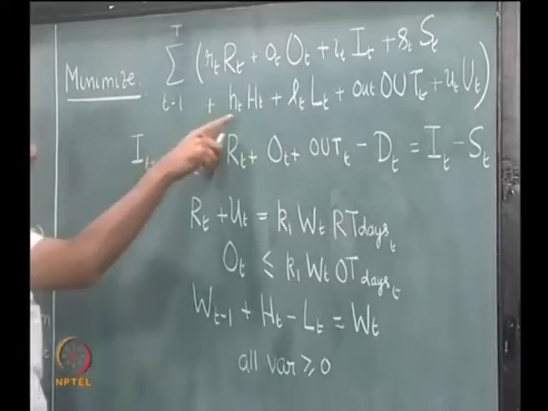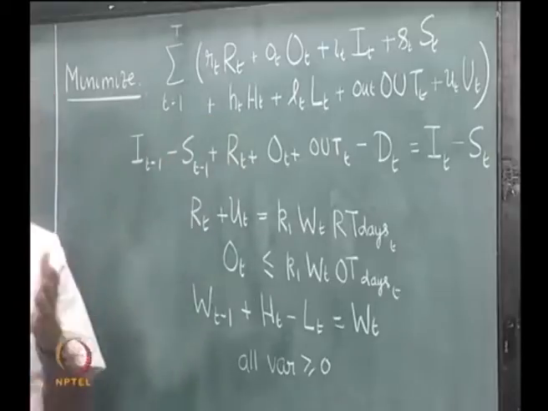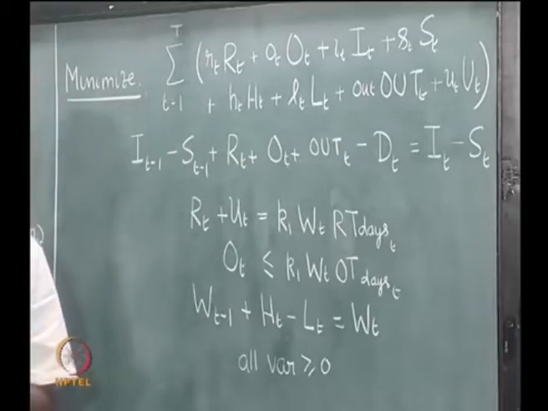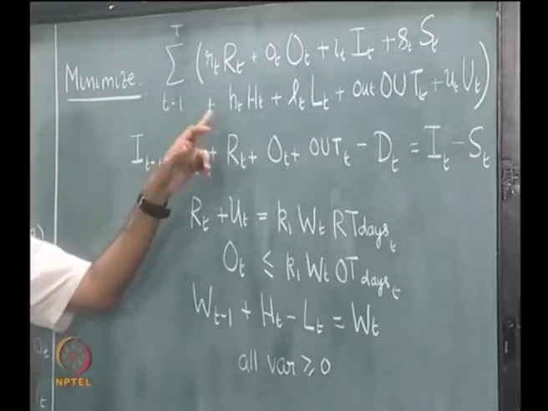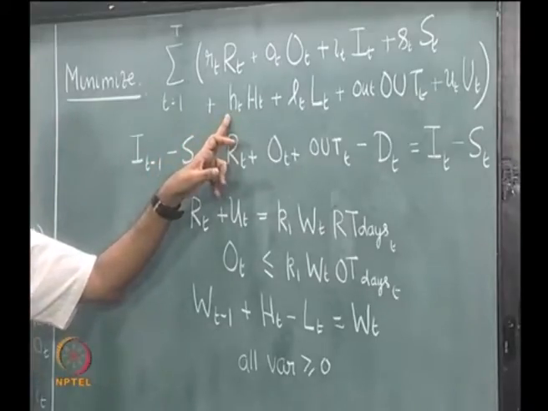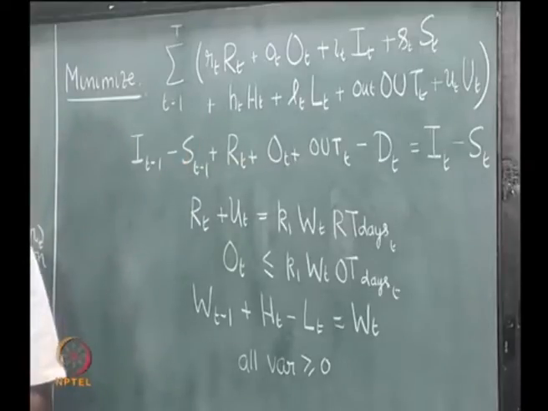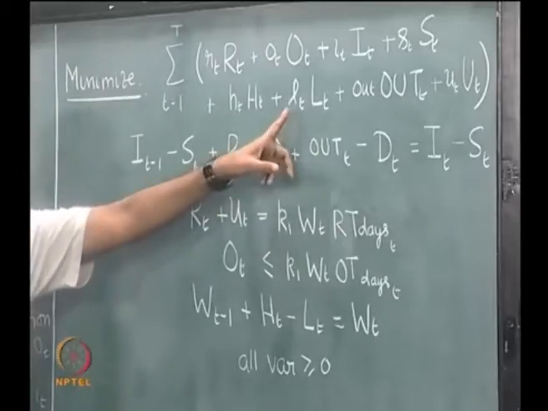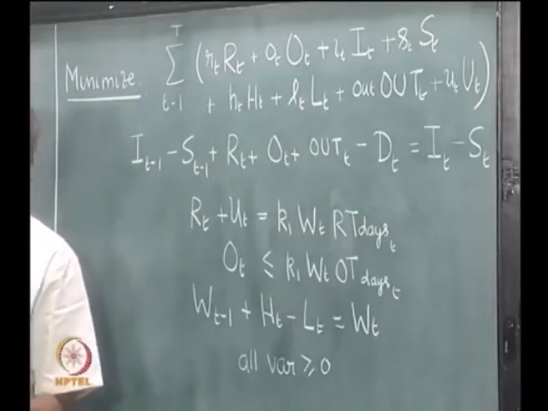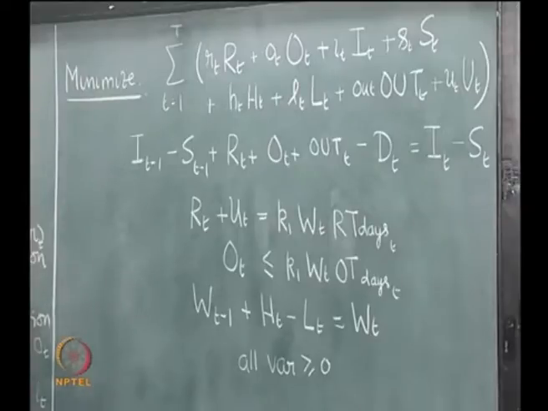Ht essentially concerns the cost of conducting interviews to hire people and the cost to train them. It does not include the payroll of the additionally hired people, that is taken care of in the Wt, and in this case in RT and UT. Similarly, Lt is the cost of laying off, where some kind of additional compensation is given to the person who is laid off. So, that is your Lt.